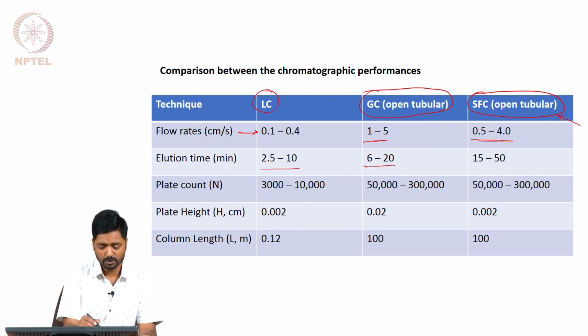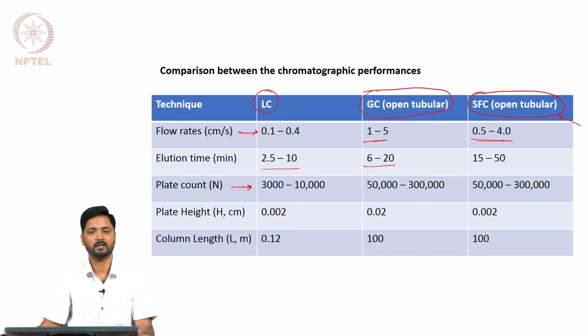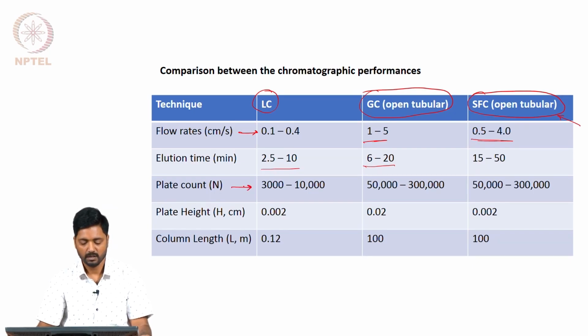The plate count values are of course lower in liquid chromatographic separations because of the shorter column lengths, and in gas chromatography and supercritical fluid chromatography these numbers are very comparable.